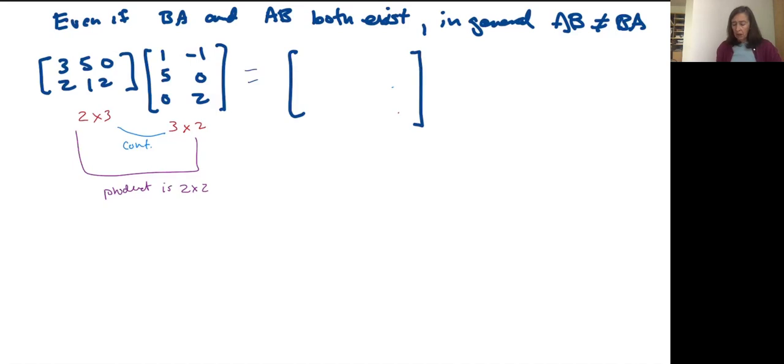Doing the multiplication, the first element, just like it was before, is 28. 3 times 1 plus 5 times 5, 28. To get the 1, 2 element, the first row, second column, I'm going to take this 350, multiply it by -102. So I will get -3 plus 0 plus 0, sounds like -3. To get the 2, 1 element, the second row, first column here, I take the second row of the lead, the first column of the lag.